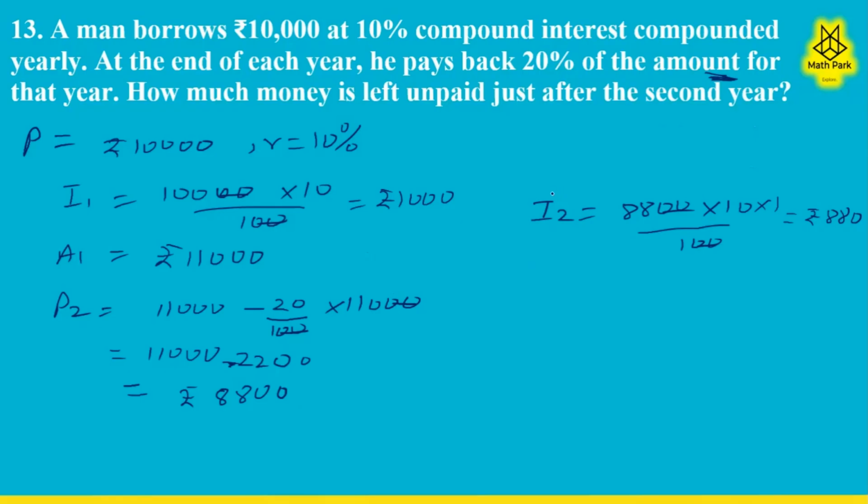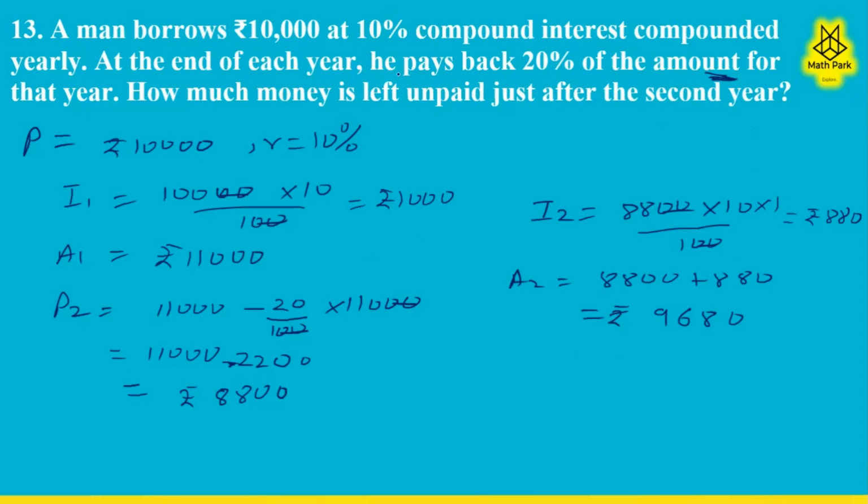So, the amount becomes now 8,800 plus 880, which is rupees 9,680. This becomes the amount. Out of this, he repays 20%.